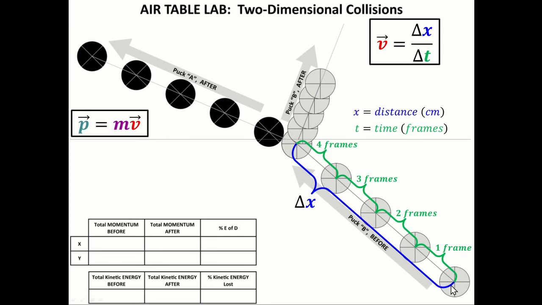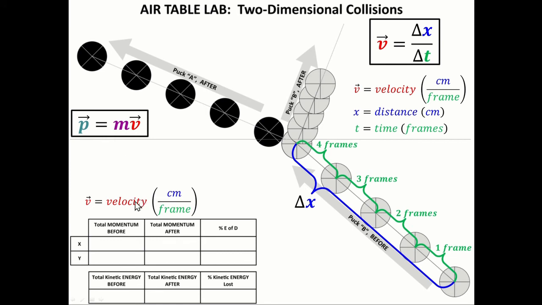So the velocity of this puck is the distance that it went divided by the time. And even though we see 5 pucks here, this time in between is just 4 frames. So we're going to measure the velocity in centimeters per frame, not meters per second.